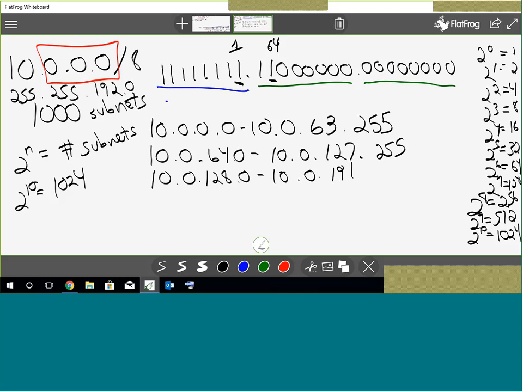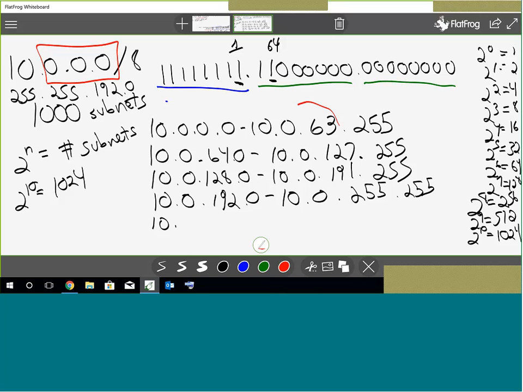Now here's where it gets interesting. What do we do now? What's my next subnet? At this point, as you've seen, we've rolled the third octet by all the possible permutations.